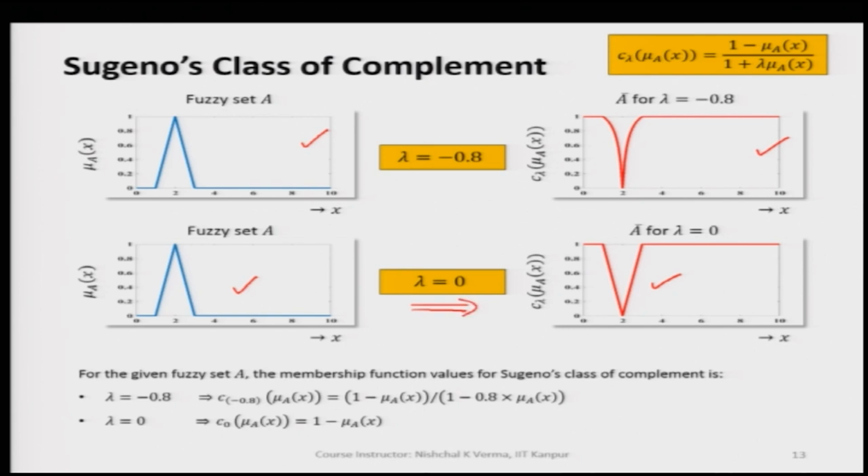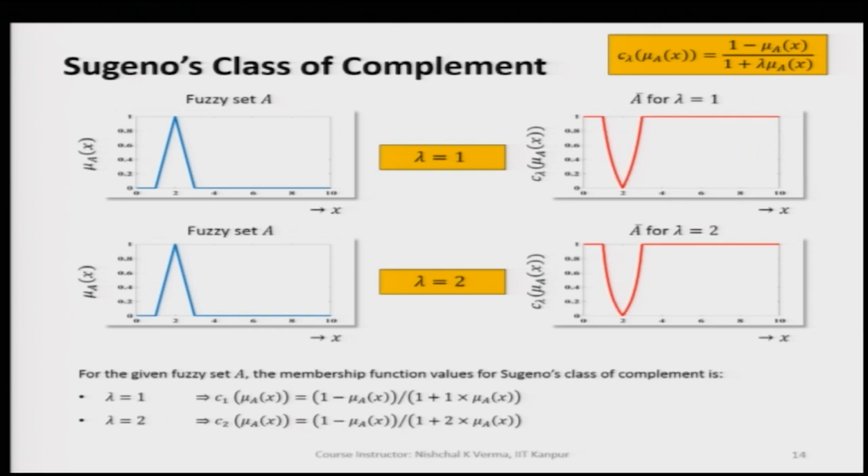which is nothing but 1 minus mu x, meaning all the corresponding membership values we get by just subtracting from the highest membership value, that is 1. So, all the corresponding membership values of the complement of the fuzzy set we get by just subtracting the values of the fuzzy set from 1, which we can see here.